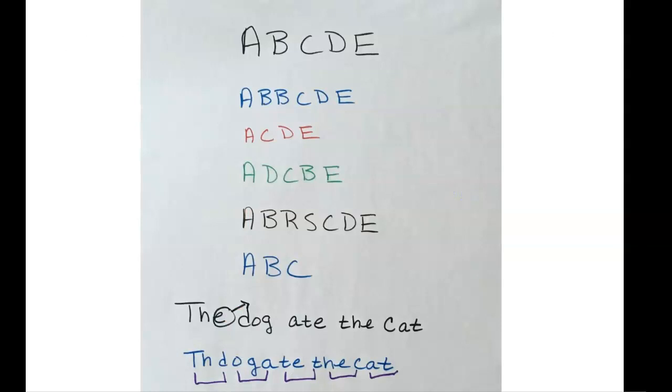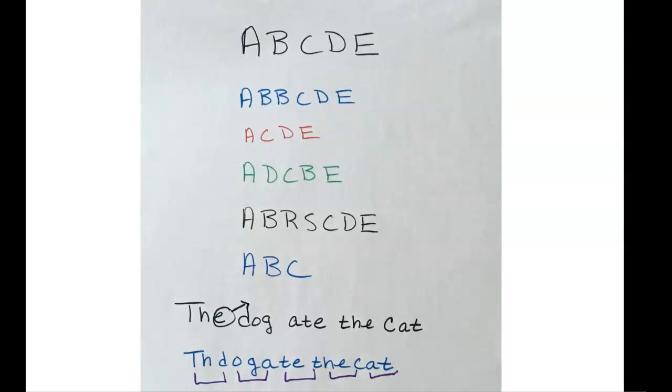So I think it's a little easier to actually think about letters and words rather than a code. So I've got the original DNA code, but I'm using letters. So up at the very top, A, B, C, D, E, that is our original DNA code.